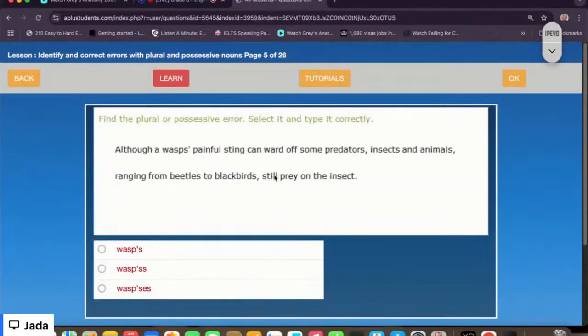Although a wasp's painful sting can ward off some predators, insects and animals ranging from beetles to blackbirds still prey on the insect.